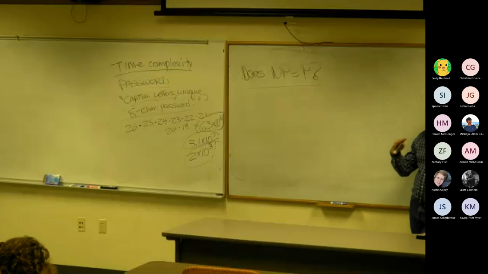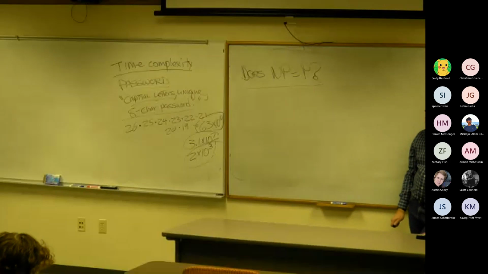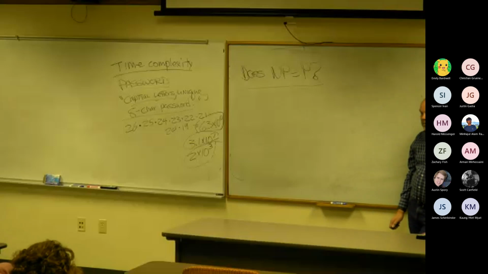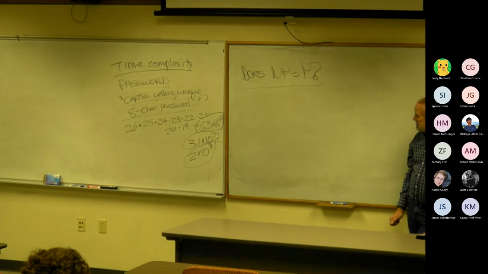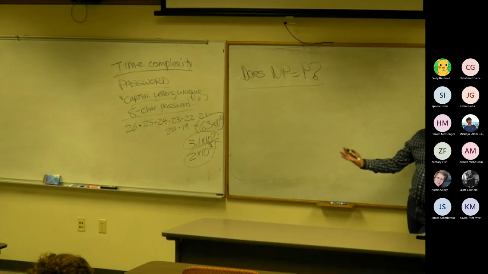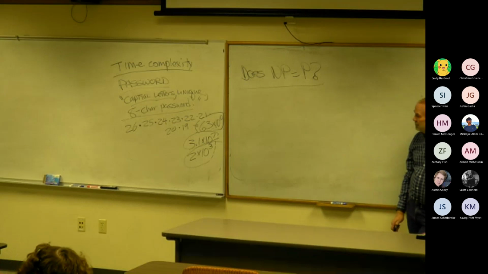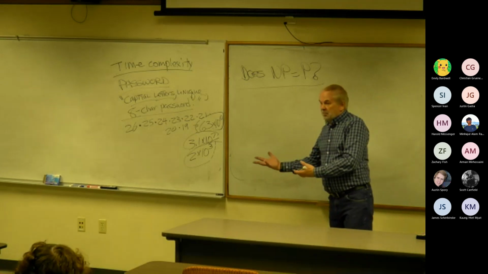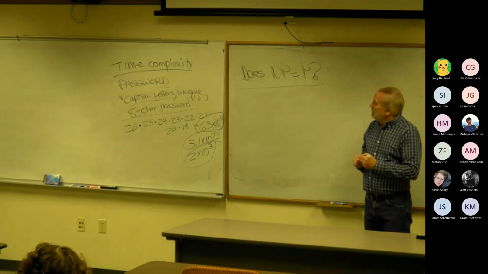We can't solve it. It's called the halting problem. It's kind of a classic in the area of decidability, computability, that says you can't tell whether a program will stop on a given input. And so that's the undecidable problems.